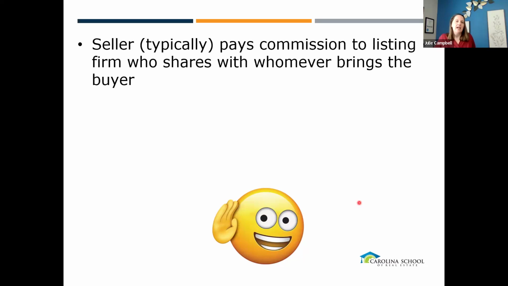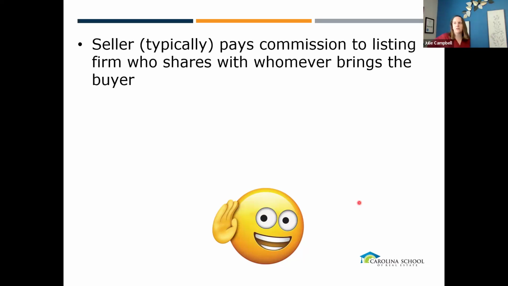So if the seller's not going to pay you, the buyer will. And guess what? Today, how you get paid, when you get paid, and who is going to pay you is all covered in our agency agreements that we'll see in Unit 8. Our agency agreements are our employment contracts that dictate when we get paid, how we get paid, etc. We will look briefly at our agency agreements when we get to Unit 8. So we'll talk about when you earn your commission and who is going to pay you.